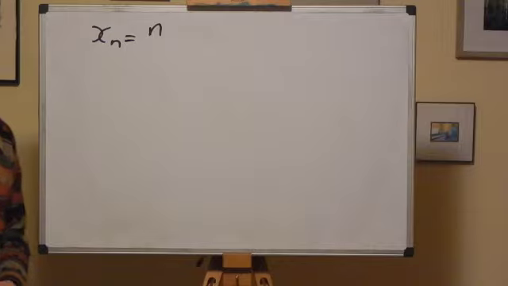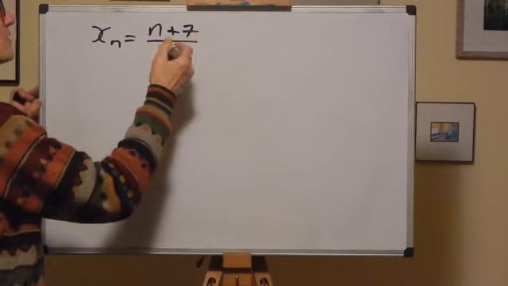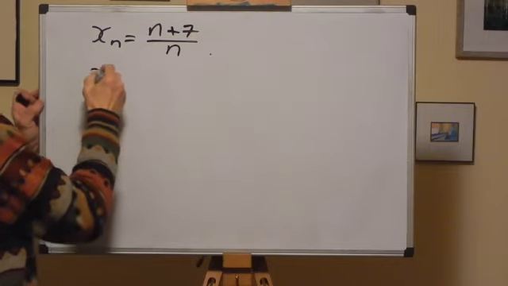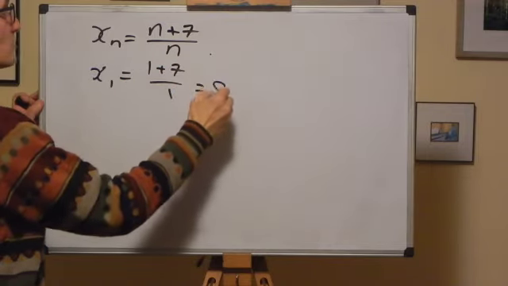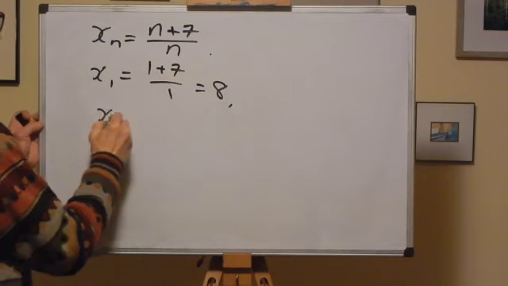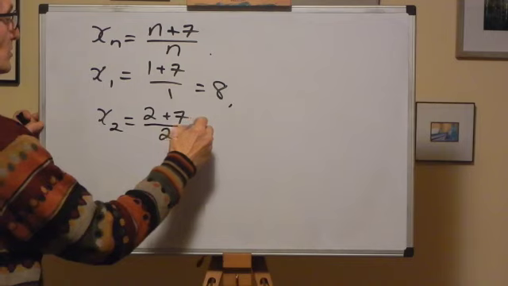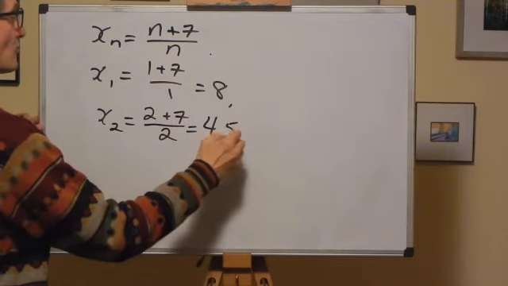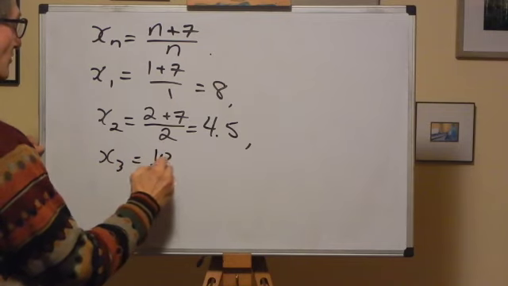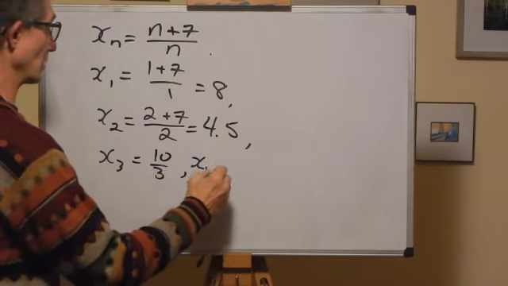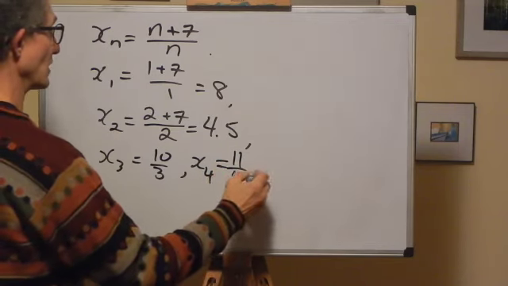Here's another example of a sequence. It's xn equal to n plus 7 over n. So here x1 is 1 plus 7 over 1, which is 8. x2 is 2 plus 7 over 2, which is 4.5. x3 is 10 over 3. x4 is 11 over 4.